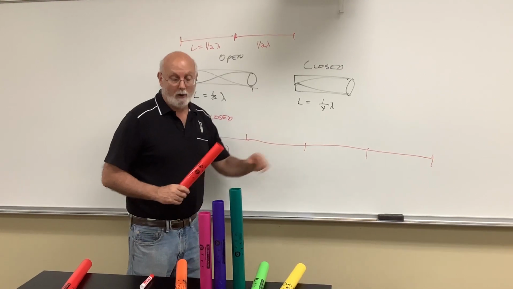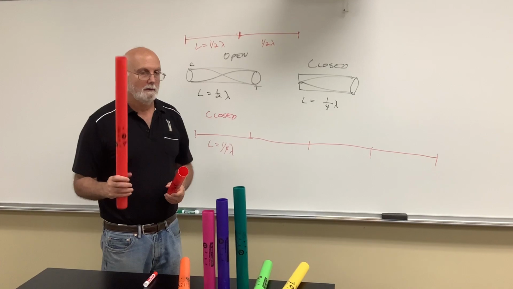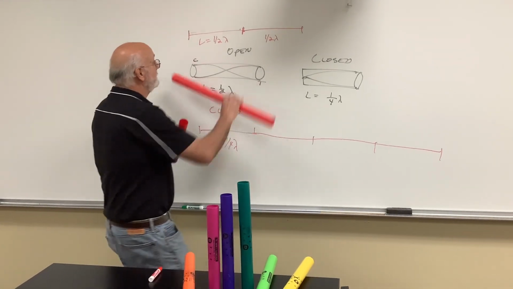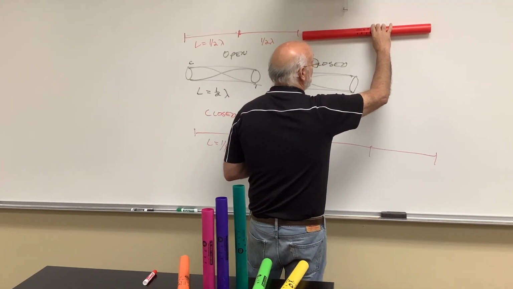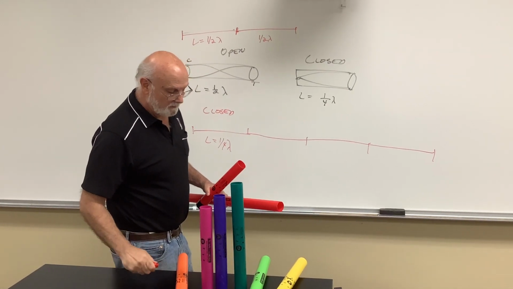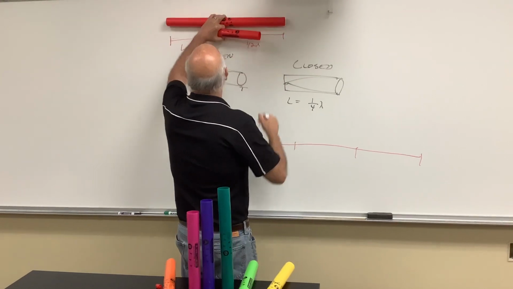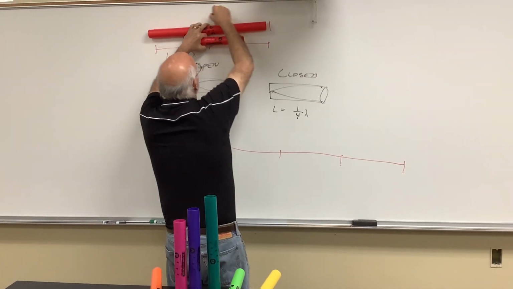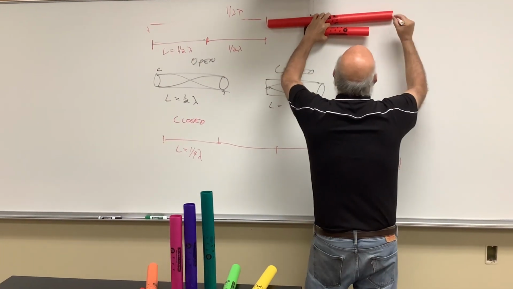Also, last little thing to mention. Remember that octave we had before? This one, once again, to get its full wavelength, would be this and that. Let's take a look at something real quick. For this bigger one, there's your half wavelength, right along here, and here is your other half.